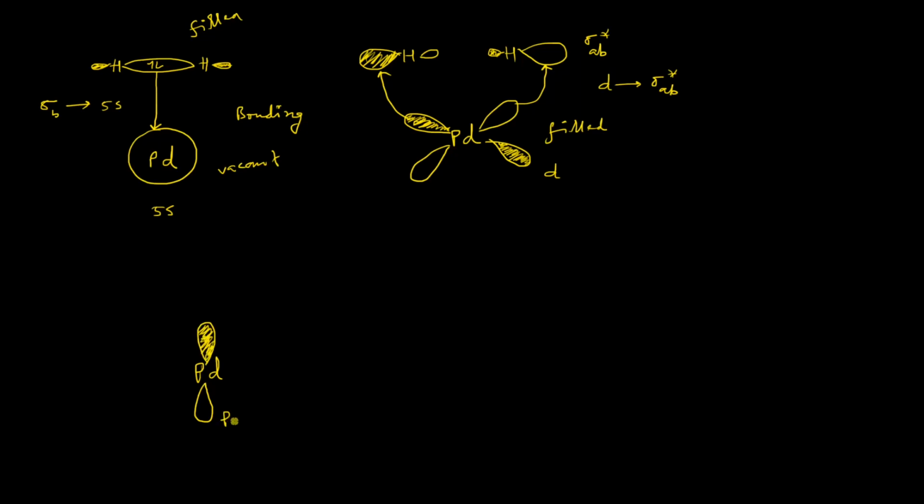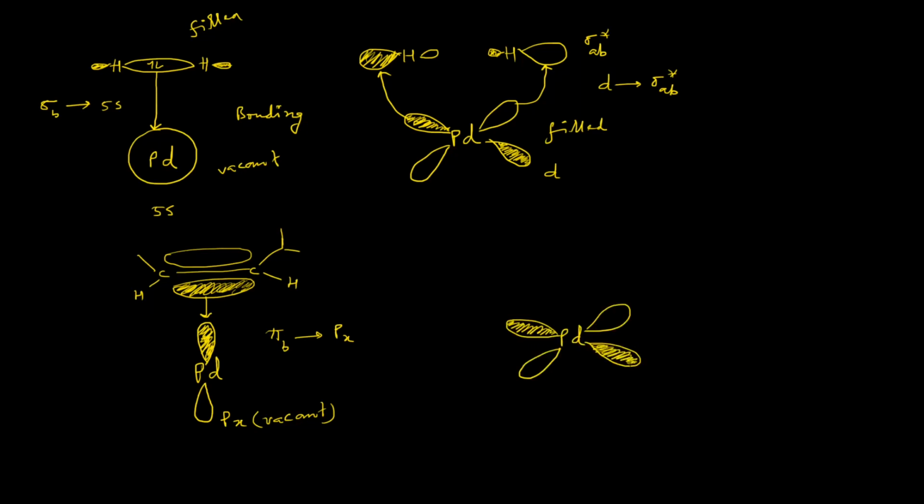It is basically vacant, so it will receive the electron pair from the alkene HOMO, which is the pi bonding orbital. So here, pi bonding to px, electron donation takes place, right? And the back bonding will take place again by utilizing the filled d orbital of palladium.